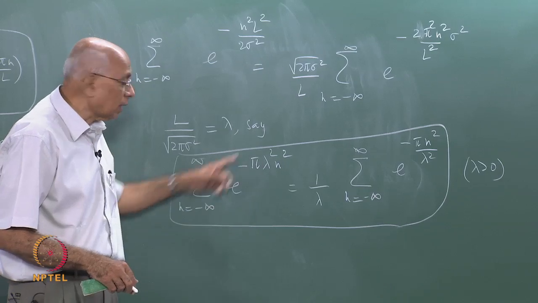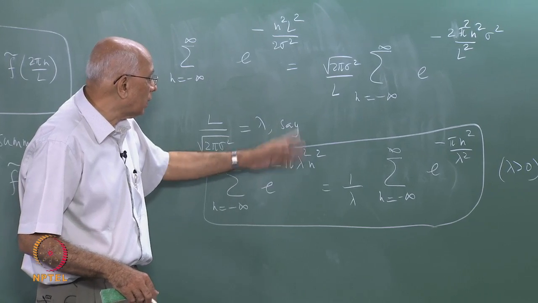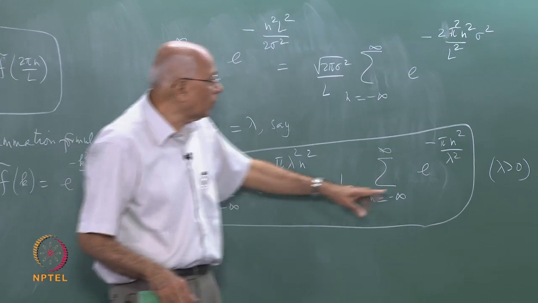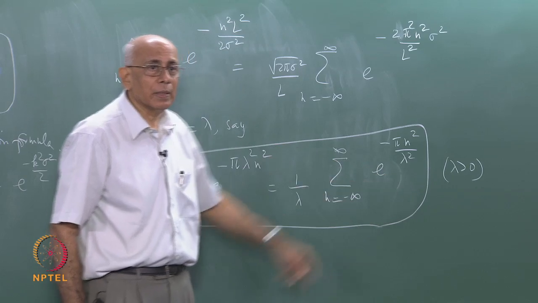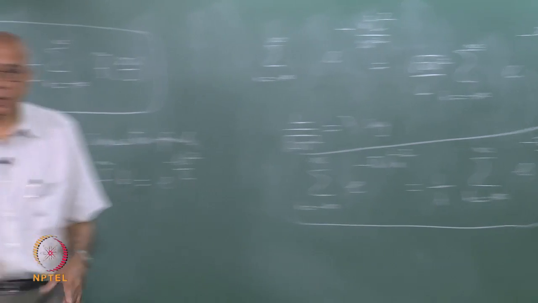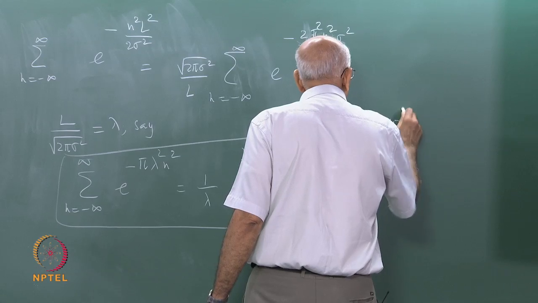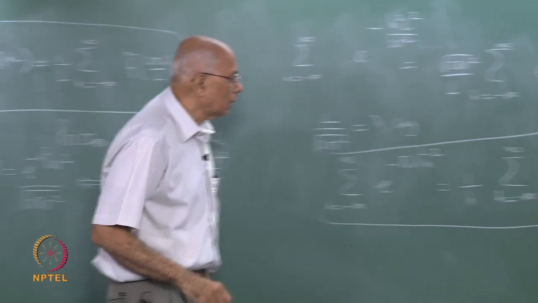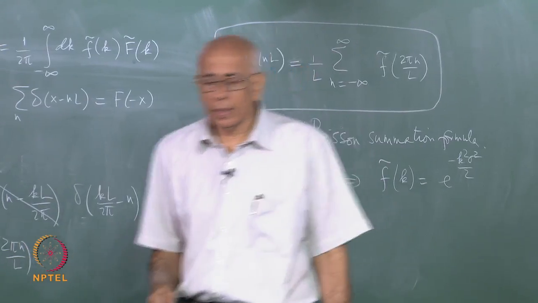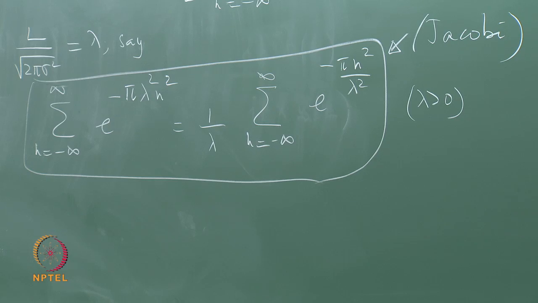It says a sum over such exponentials e to the minus pi lambda squared n squared is equal to, the lambda appears in the denominator here, okay, and it is an identity. This identity, by the way, is due to Jacobi. And it is so important that it is sometimes called the Poisson summation formula itself, but actually the summation formula is this, and that is a special case of it here.